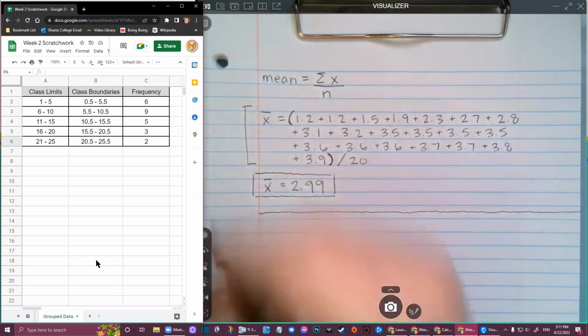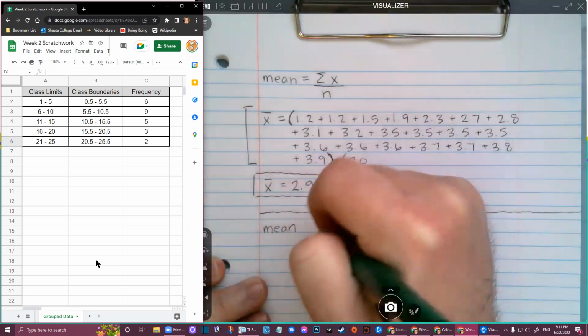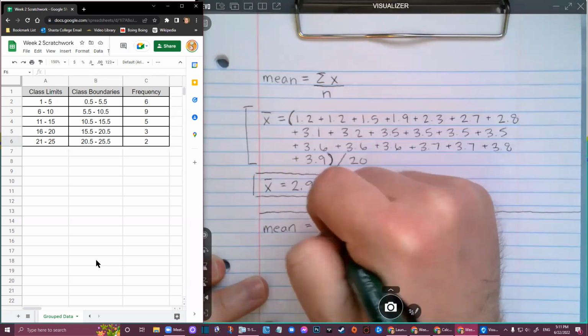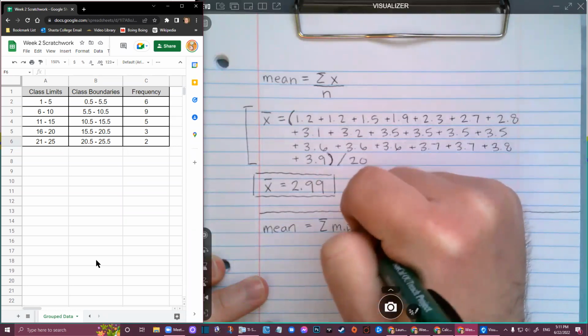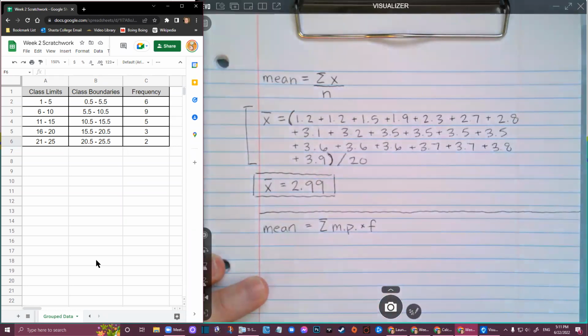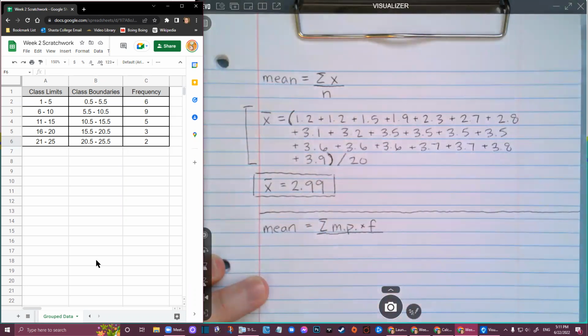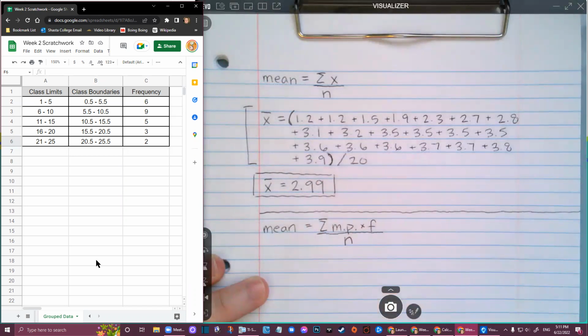When I'm calculating the mean for grouped data, I want to find the midpoint for each class and multiply it by its frequency. And then I want to add those up for each class. On the bottom, I'm dividing by the total frequency or the sample size.